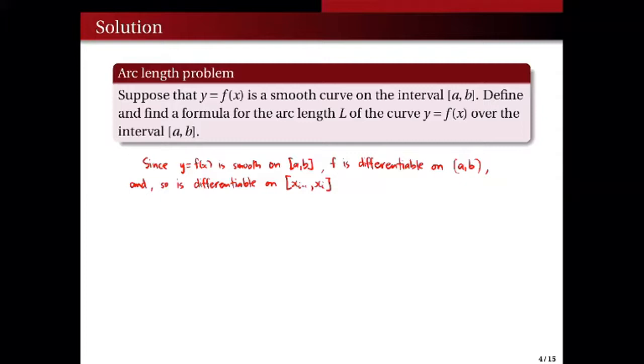And again, since we are talking about differentiability on intervals, let's put this open here.